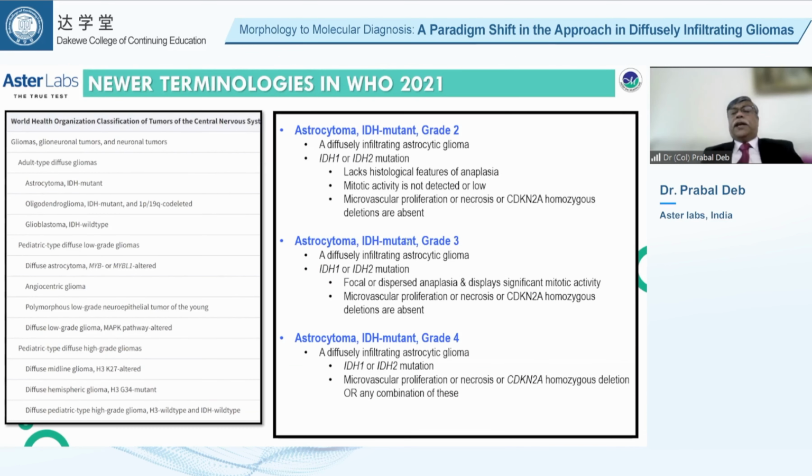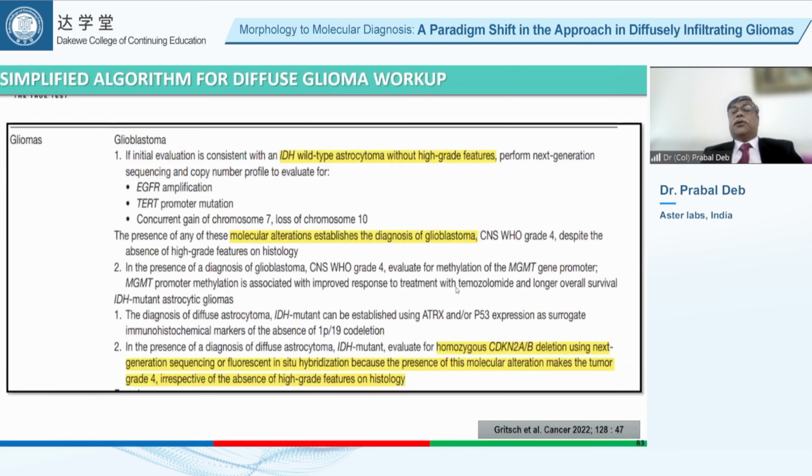As I have already covered, because of all these conceptual changes, there is a change in nomenclature of grades 2, 3, and 4. Optimal workup would require that if initial evaluation is consistent with IDH wild type without high grade features, perform NGS or copy number profile for EGFR, TERT, and gain of 7 or loss of 10, because all this will shift it to grade 4.